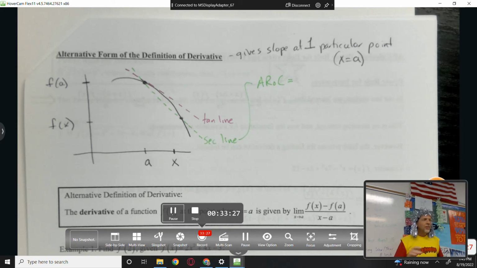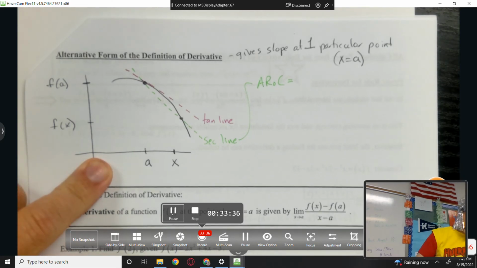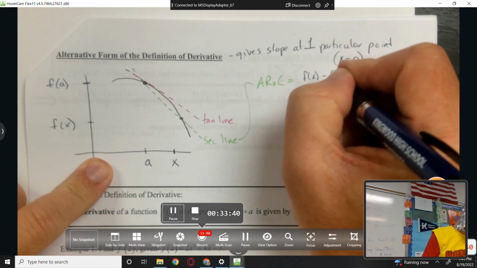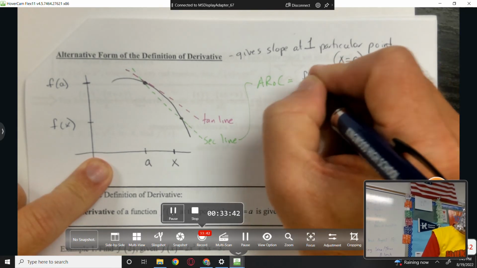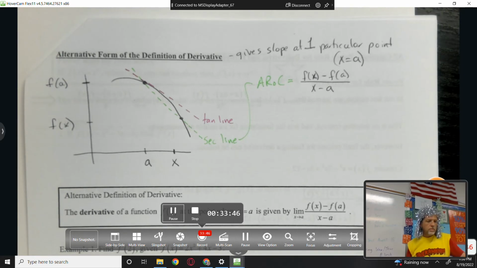There's no such thing as algebra rate of change, but if I say it that way, it helps people remember what we're doing. Algebra rate of change, I'm going to do f of x minus f of a all over x minus a. That's my algebra rate of change.